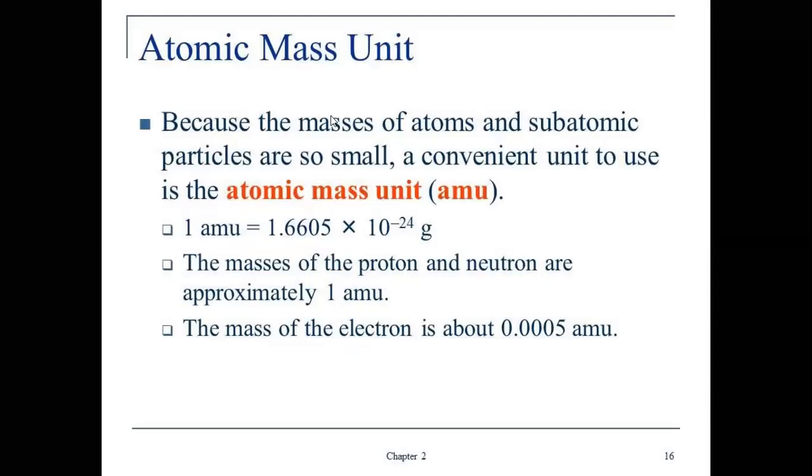Atomic mass unit, I have already discussed this. Because the masses of atoms and subatomic particles, meaning proton, neutron, electrons, are very small, to have a convenient unit we use the atomic mass unit, AMU.